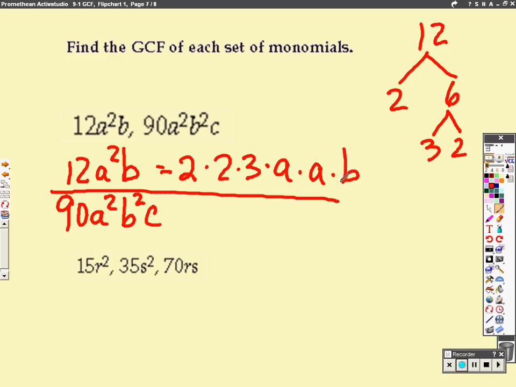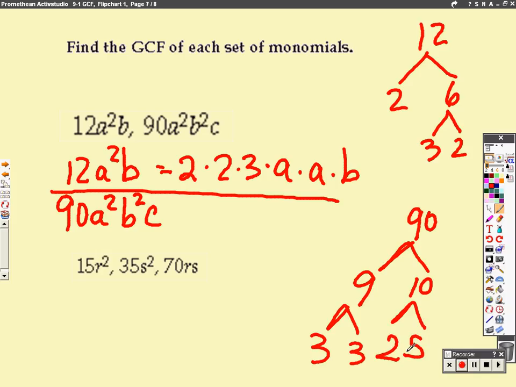And then for 90, 9 times 10, 3 times 3, and 2 times 5. So for 90, my prime factors are 2 times 3 times 3 times 5 times a times b times c.